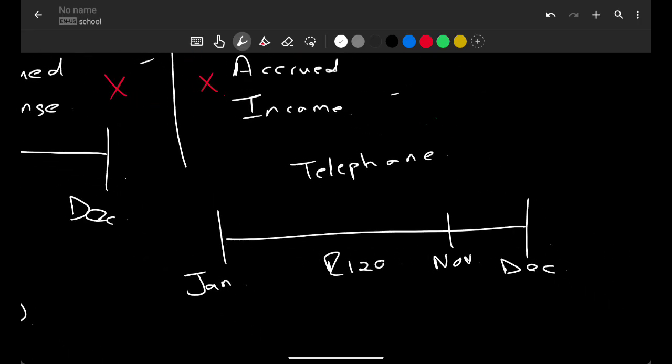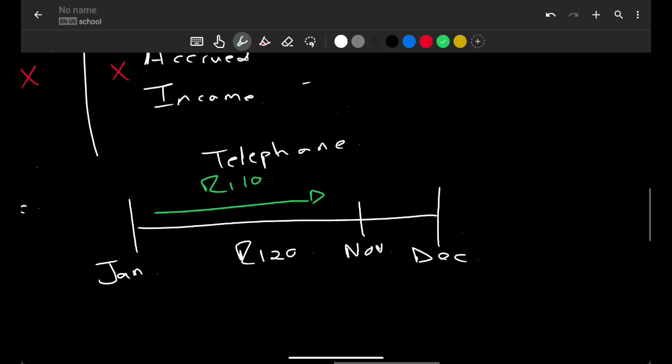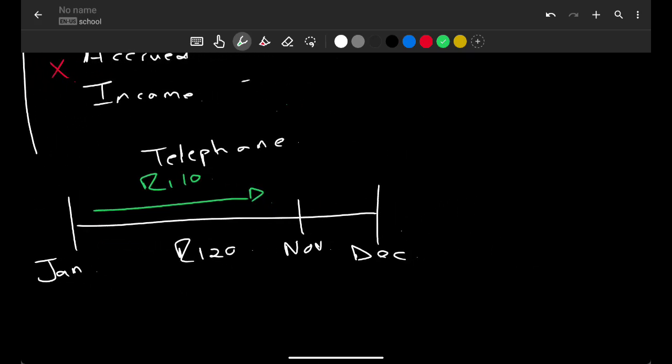But we're only able to pay for this 11 months, which is only 110 rand, right? And then the thing that's missing is this 1 month of 10 rand.